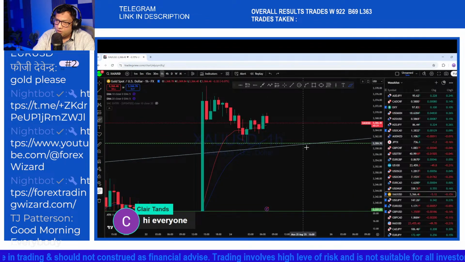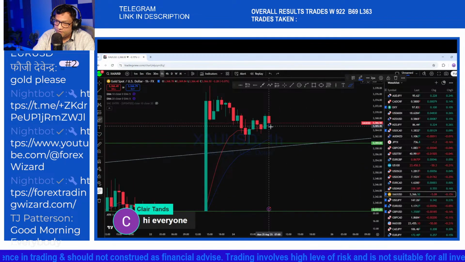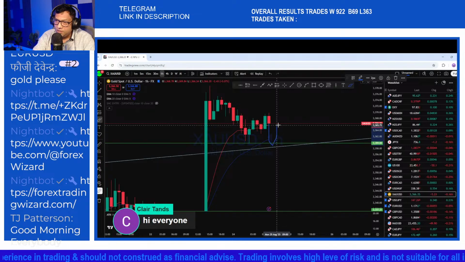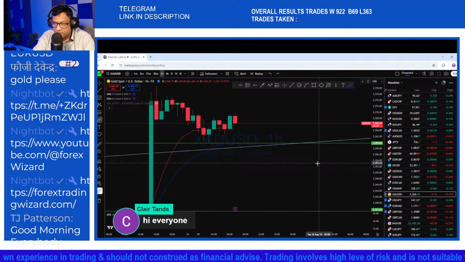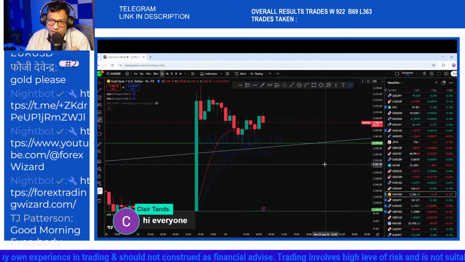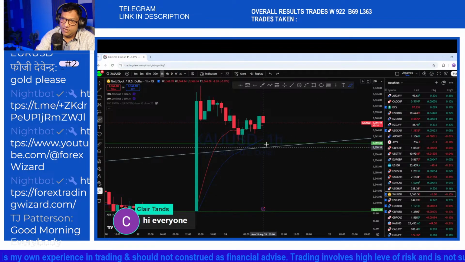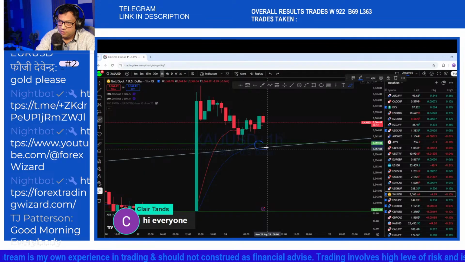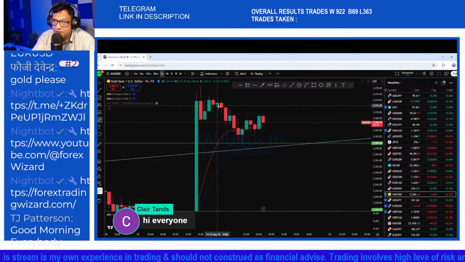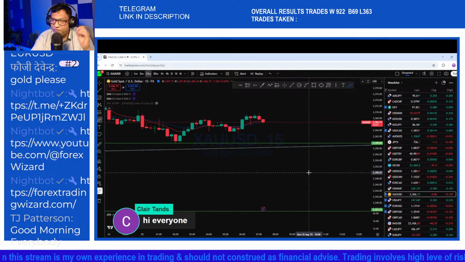So what we can expect in this market is for the price to come down, retest, and then return again back to the upside. Today's level that we can see here is where the price tests and then returns again.